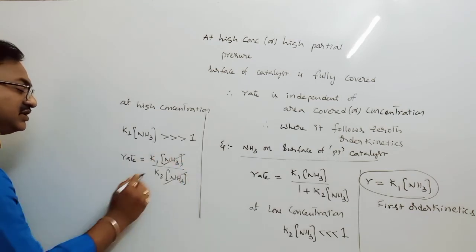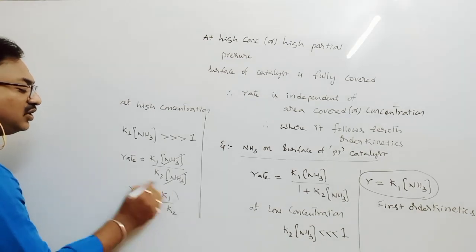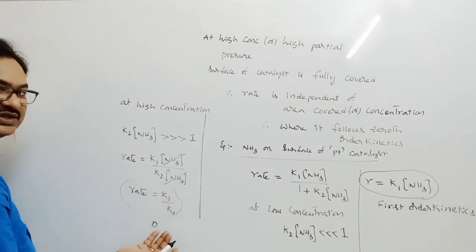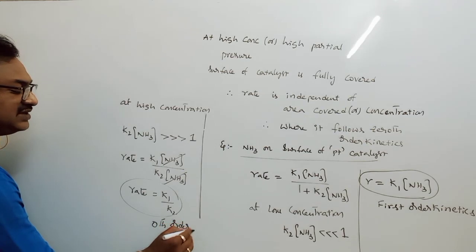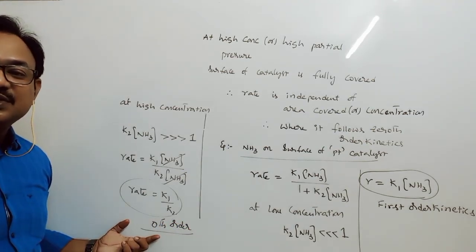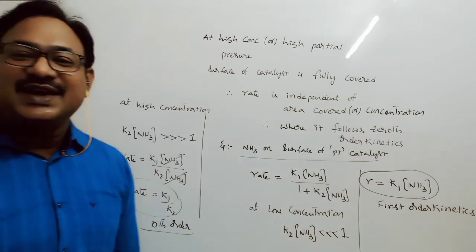The concentration term gets cancelled, so rate is equal to K1 by K2. So here it is zeroth order, because there is no concentration term at this position. So that's it, about zeroth order kinetics.